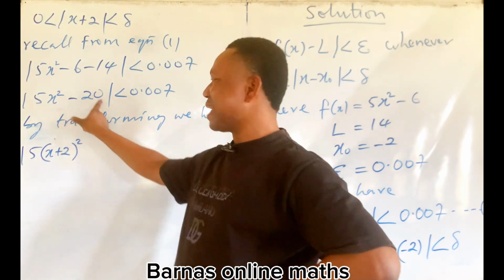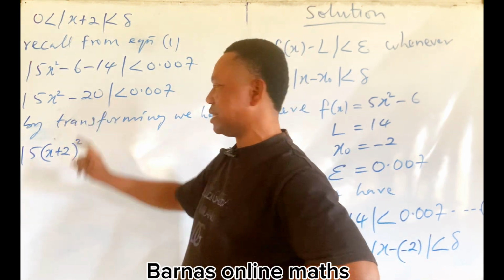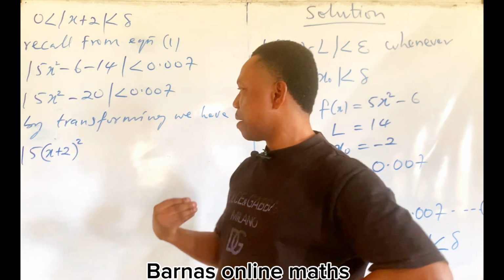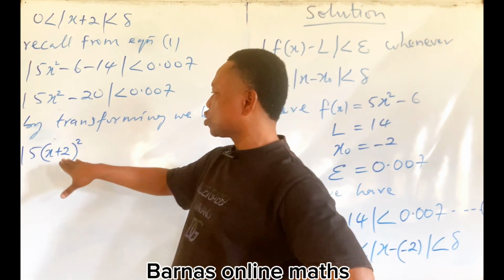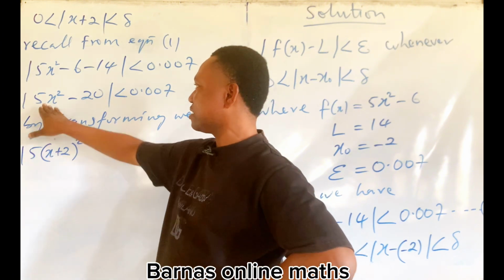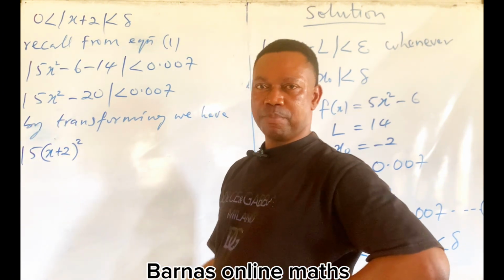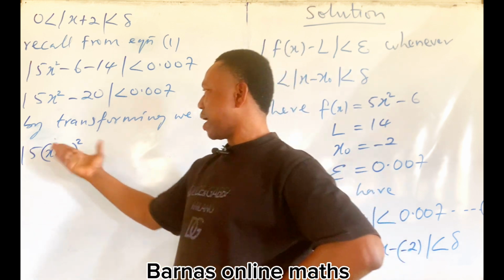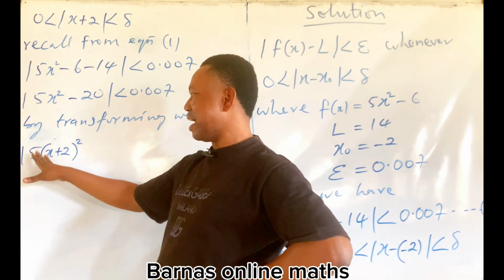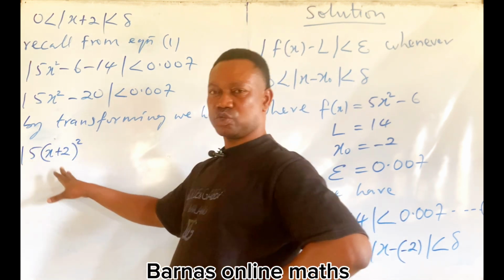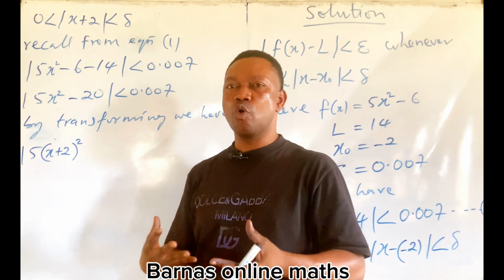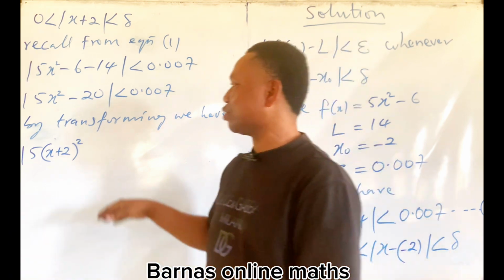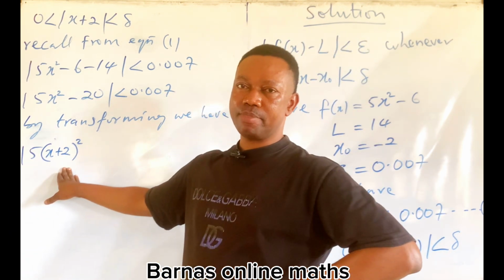Now, before we pick the next term, which is minus 20, you find that something has been introduced. What we're supposed to have in this term is 5x squared. But after transformation, we now have 5 into x plus 2 all squared. So our target is to know what has been introduced inside here.